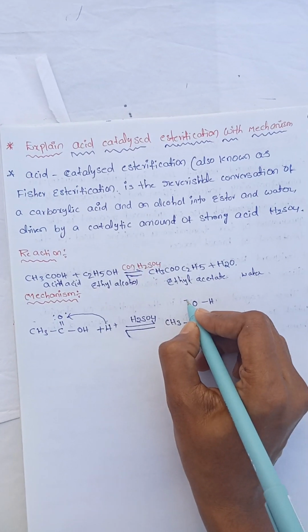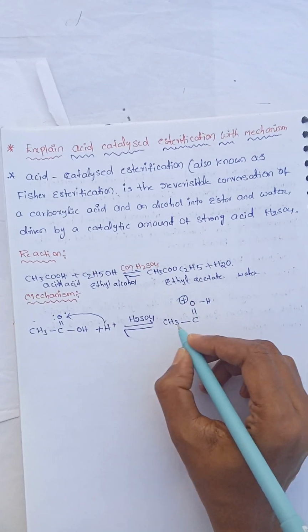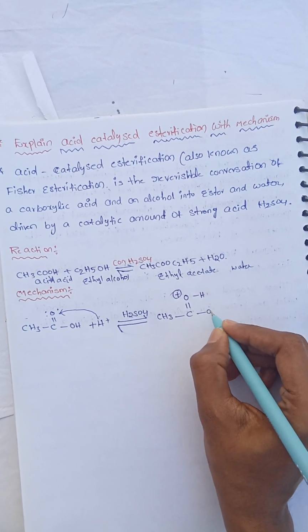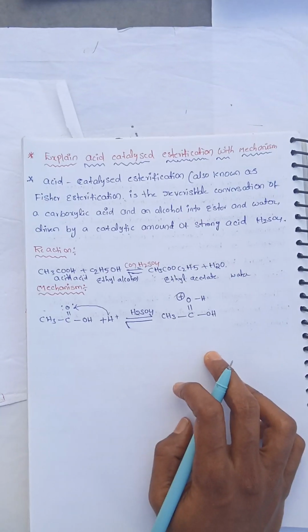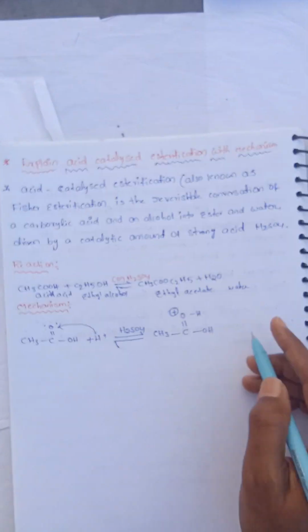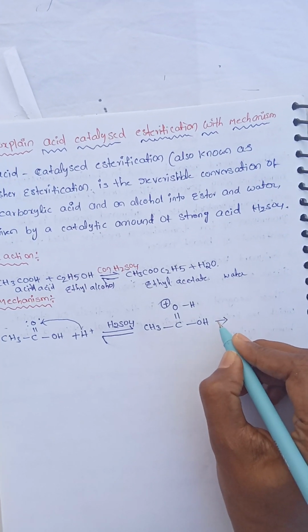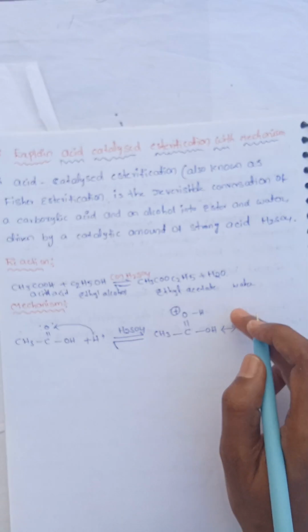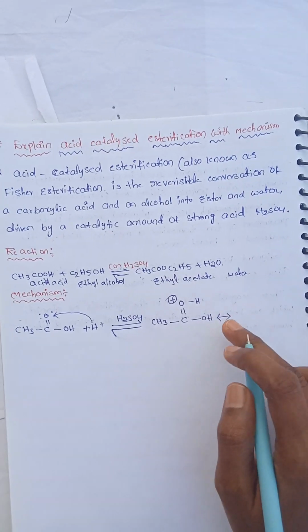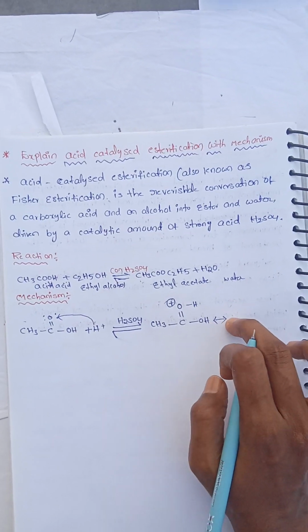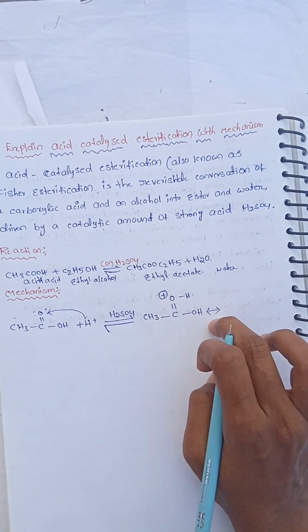So in this, oxygen has a positive charge. Here what you have? OH. Again, this is a reversible reaction, so you don't write a normal arrow, you have to write it like this.